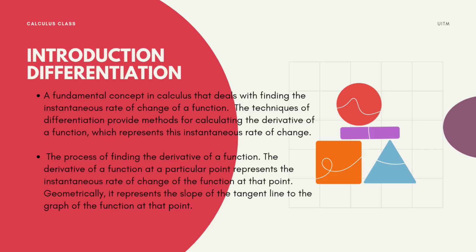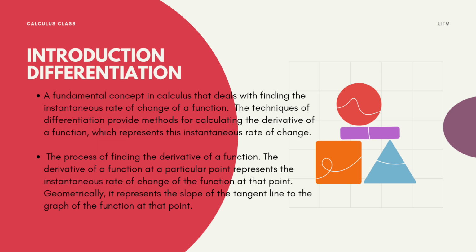So we go to the introduction. Differentiation is a fundamental concept in calculus that deals with finding the rate of change of a function. The technique of differentiation provides a method for calculating the derivative of a function, which represents this rate of change.